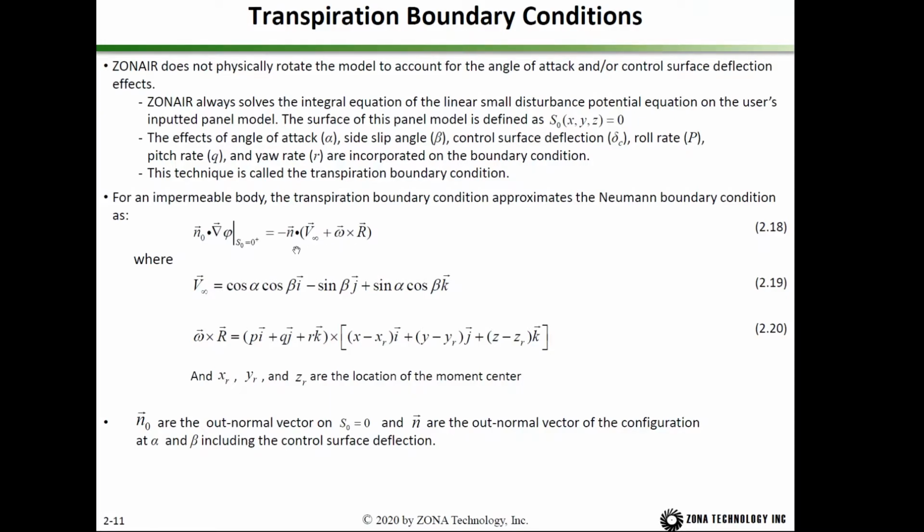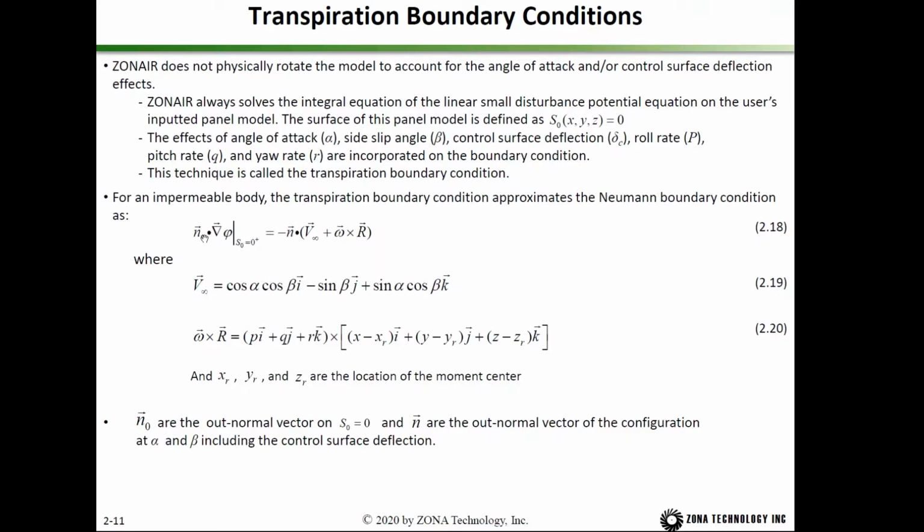So this is the Neumann boundary condition. n is the normal vector of the panel model, which is input by the user, and does not contain the angle of attack and control surface deflection and so on.